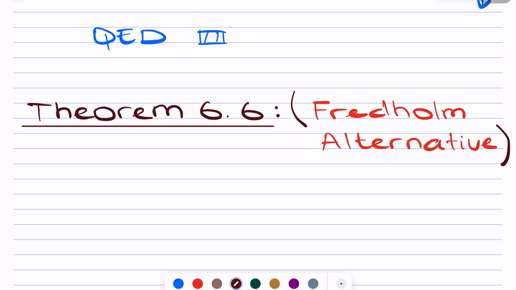As I said, before we wrap up, I just want to tease you with the incredible Fredholm alternative theorem. This theorem addresses the solvability of integral equations, providing conditions under which solutions exist and are even unique.